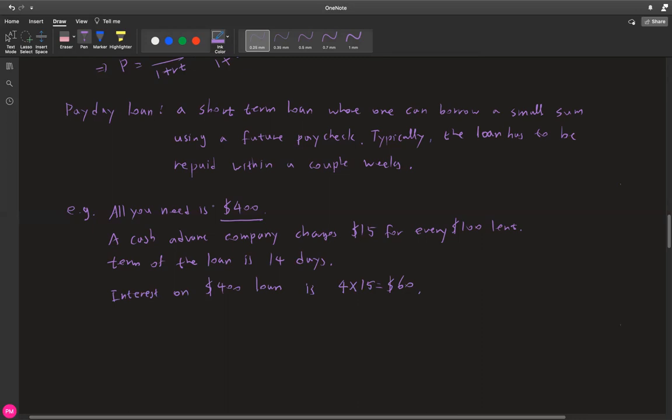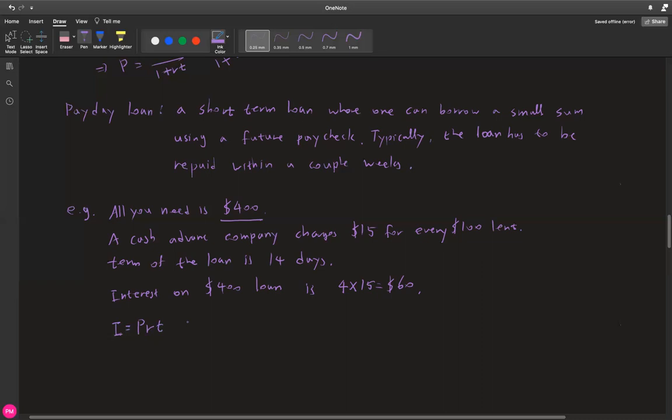So let's use the terms that we already know. We know that the interest in simple interest terms is given as PRT: principal multiplied by the APR multiplied by the term in years.